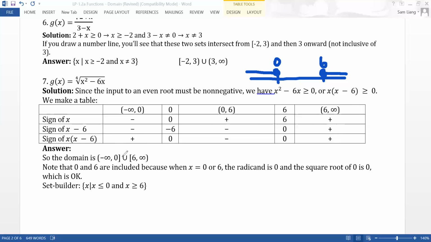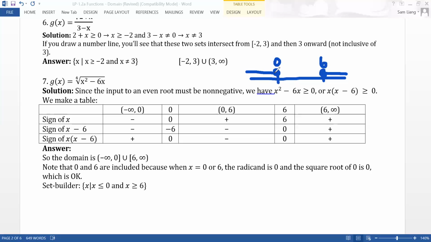Yeah, brackets here, right? Remember, because it's included. I actually write that there. 0 and 6 are included because when x equals 0 or 6, the radicand is 0, right? This will be 0. And the square root of 0 is 0, which is okay. And set builder notation, that would be x is less than or equal to 0. This one you actually have to think about because we had this table here rather than an algebraic expression, in which case we would just translate that directly to set builder.